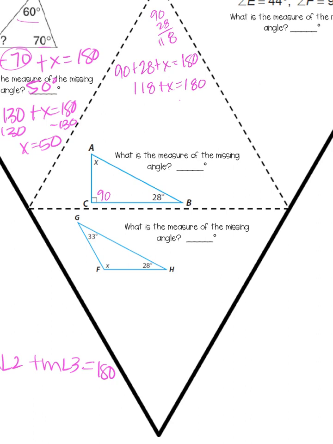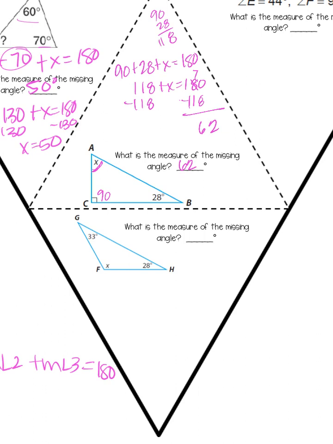Okay, what are you going to do now to solve this equation? You're going to subtract 118. Going to have to borrow. That becomes a 7. 7 minus 1 is 6. Now, does that make sense? That was 62 degrees.